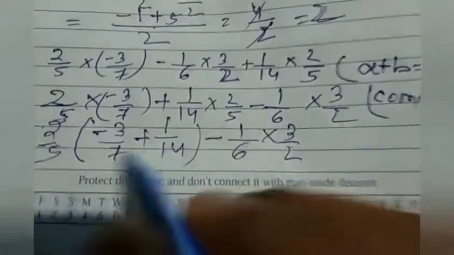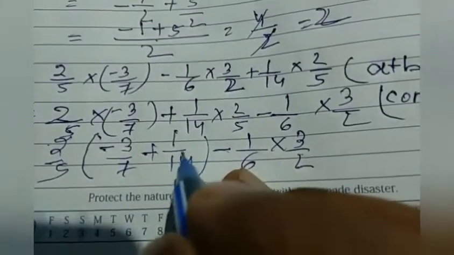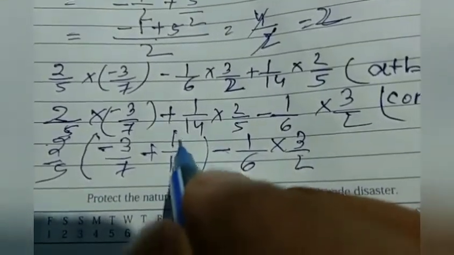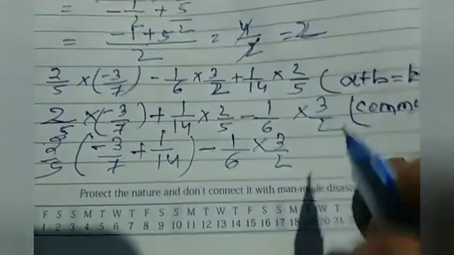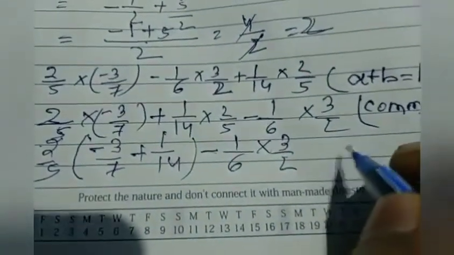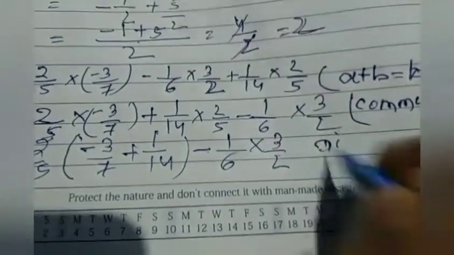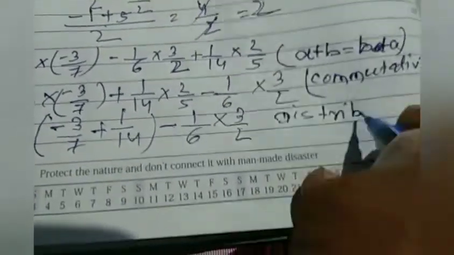This is the distributive property of multiplication over addition. Or if we write like 1 by 14 minus 3 by 7, it is said to be the distributive property of multiplication over subtraction. Only we can write distributivity.